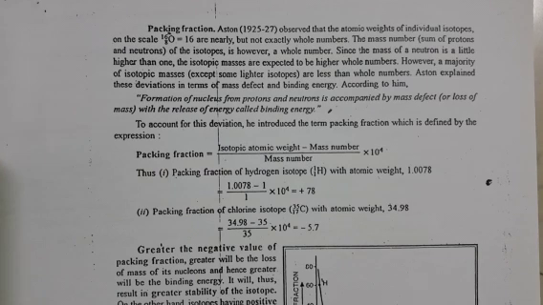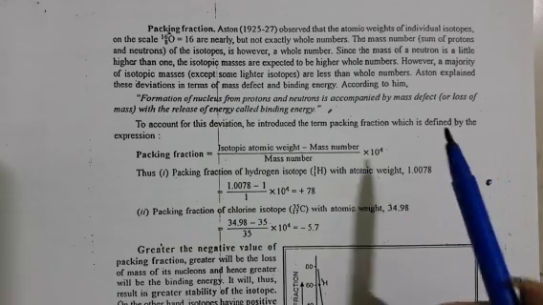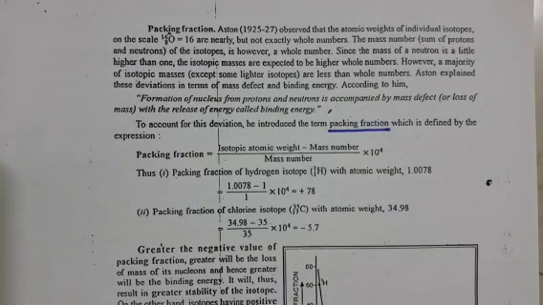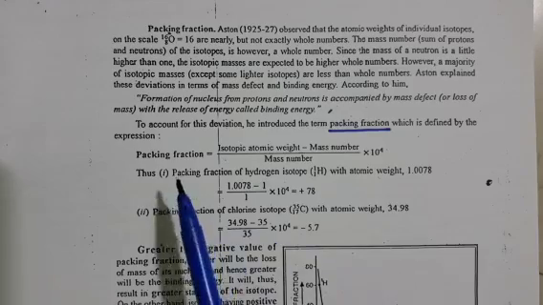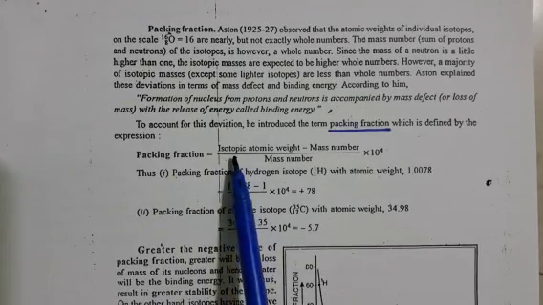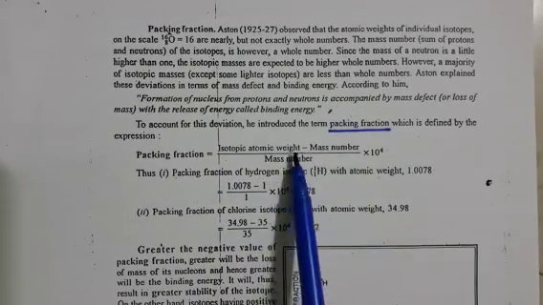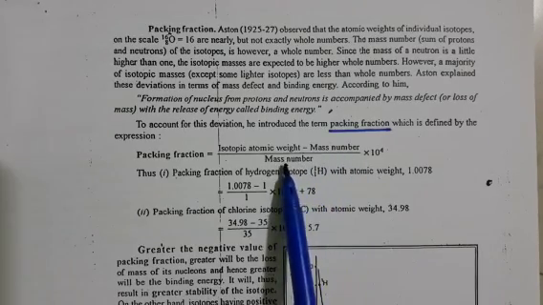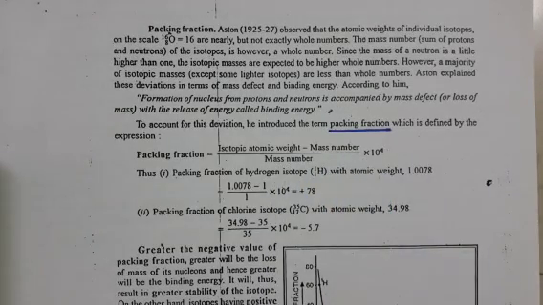In order to account for this deviation, the scientist Aston introduced the term called the packing fraction. The packing fraction is defined by the expression: the isotopic weight minus the mass number, divided by the mass number, into 10 power 4.